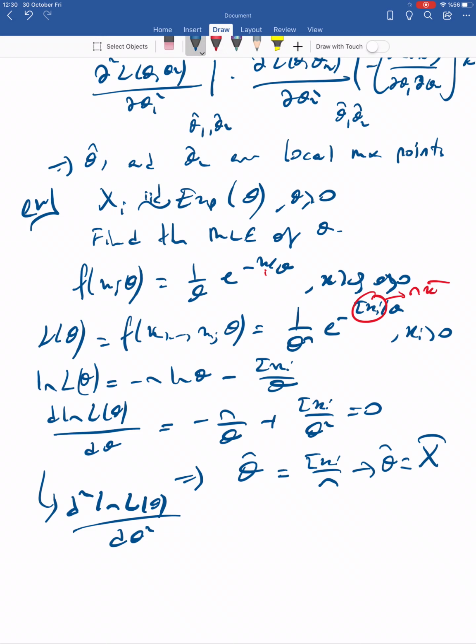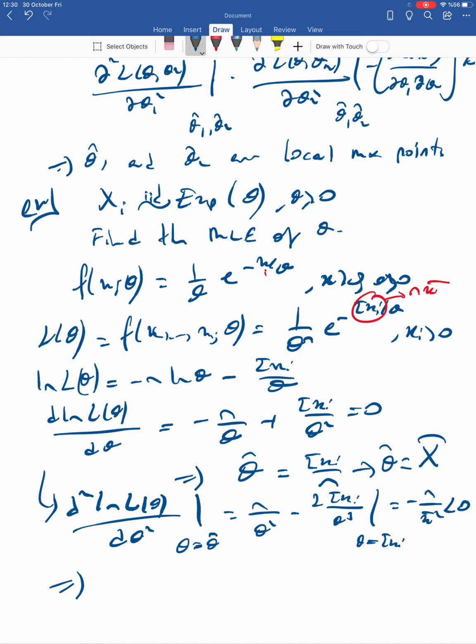Take the second derivative and replace theta by theta hat. We get n over theta squared minus 2 times summation xi over theta cubed. Again, replacing theta by x bar, we see that we get minus n over x bar squared, which is negative. This means that this theta hat value maximizes the likelihood function, so it is the MLE of theta.